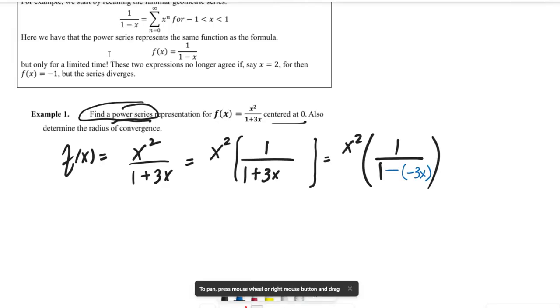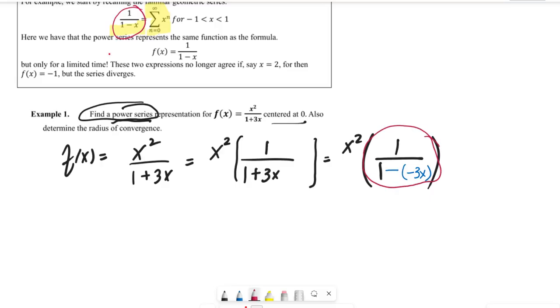So let's look one more time at what we said. If we have 1 by 1 minus x, then that can be written as this series. Now, can you compare 1 by 1 minus x with this? They look quite similar, only that in place of x, what do we have? We have negative 3x.